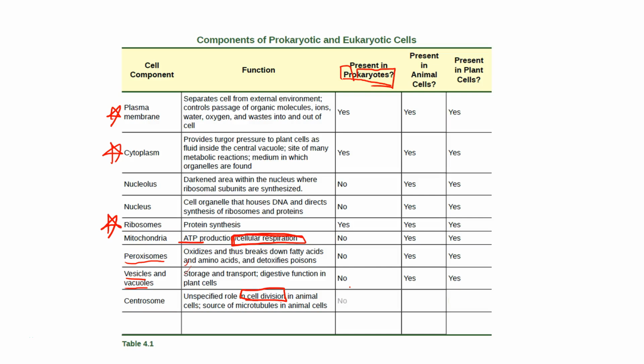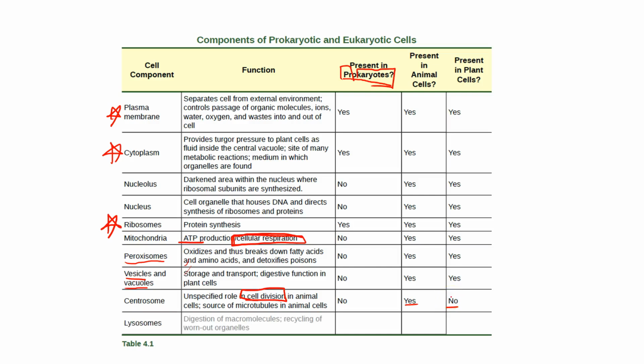It is not found in prokaryotes because it's a membrane-bound organelle. And then what I wanted to say earlier is that this is one of those things that is found in animals but is not found in plants. So you might want to keep an eye out on those, because there's not many things that are found in animals that aren't found in plants. This is one of those kind of more rare occasions.